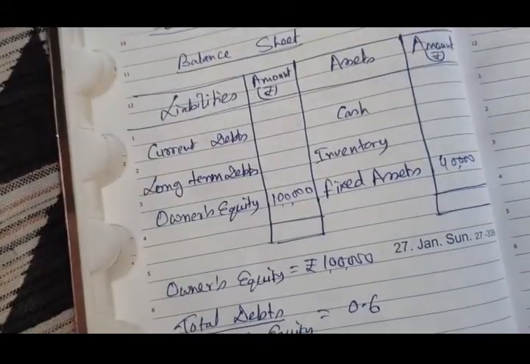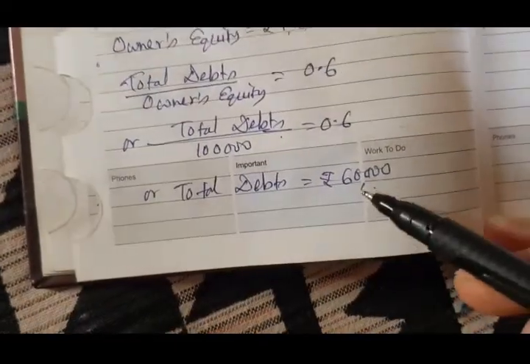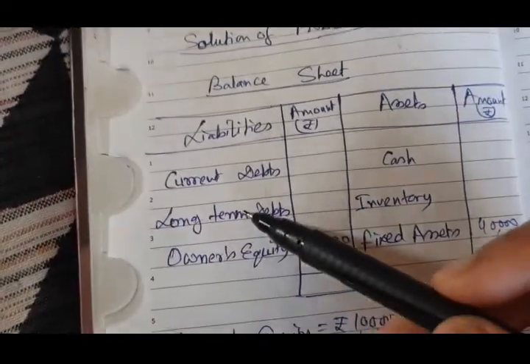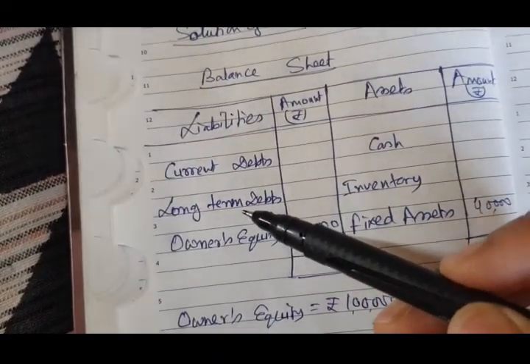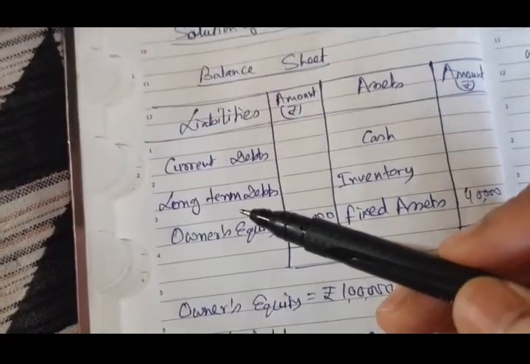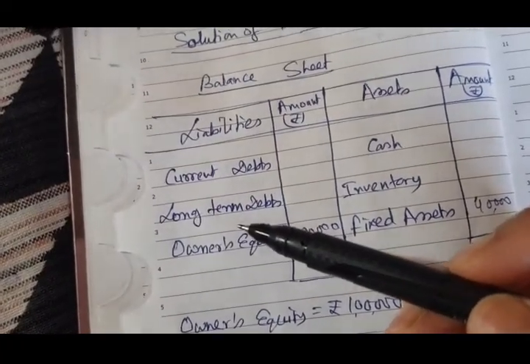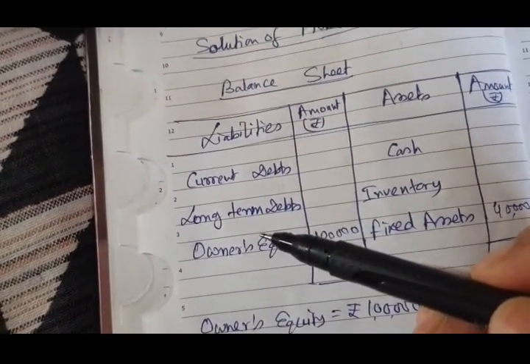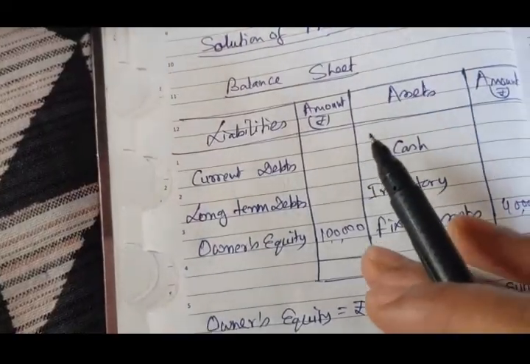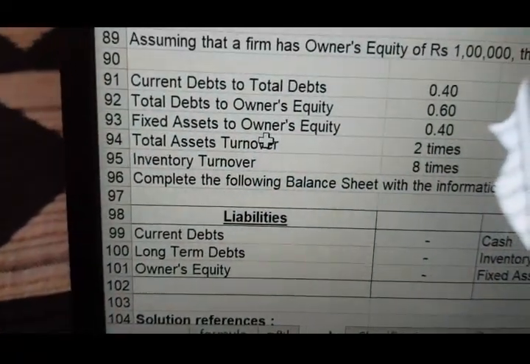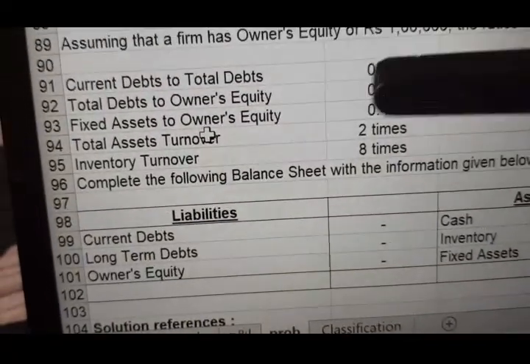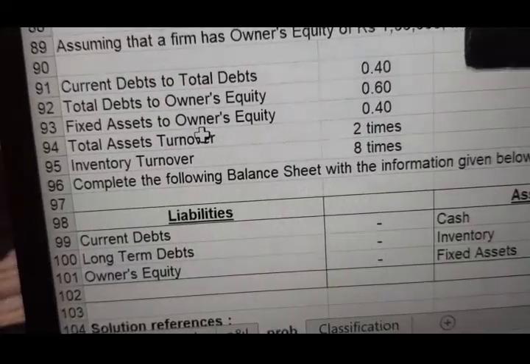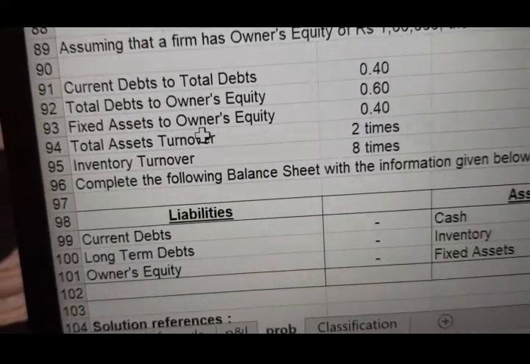Now here we have also calculated total debt, but here total debt has been segregated into 2 parts: current debt and long term debt. Okay, so now let's see what other ratios we can compute. Understood? Now based on the data we have computed, look here, current debt to total debt. Yes, this current debt to total debt we can compute because total debt we have already calculated.